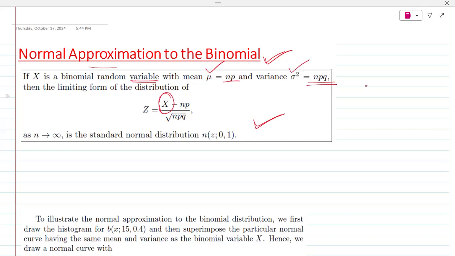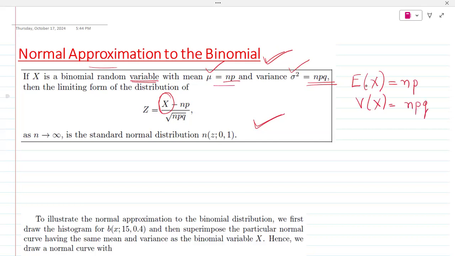We all know that if x is any binomial variate, then its mean value, the expected value of x, is n into p, and its variance is given by npq. Okay, this we already know.